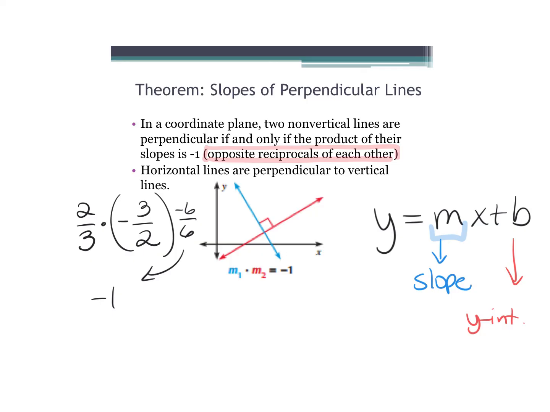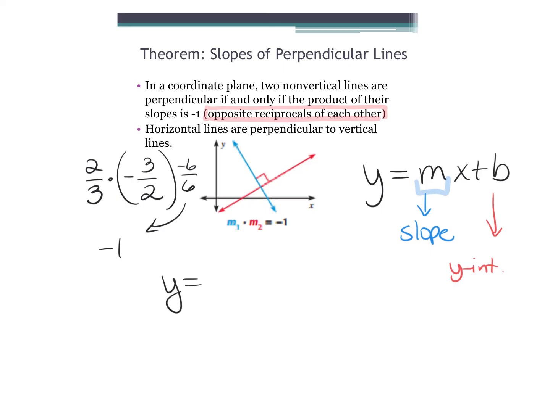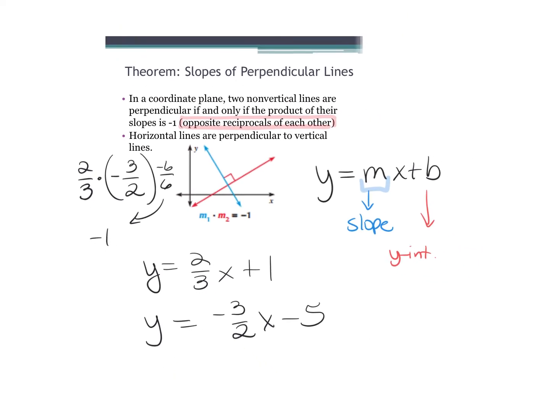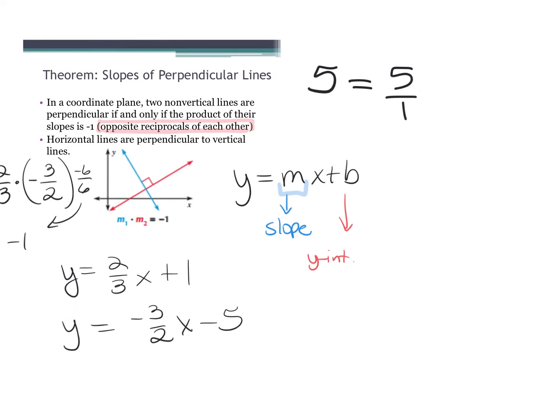Now, to give you an example of 2 perpendicular lines, you could have y equals 2/3 x plus 1, and then the reciprocal with opposite signs, y equals -3/2 x, and then the y-intercept could be any number. Now, also remember that to make a whole number into a fraction, I can put a 1 underneath it. So when I want to flip this to its reciprocal, I can flip it very easily and then change the sign.